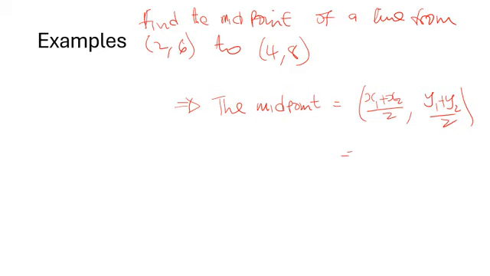So this is x1, so it will be 2 plus 4 over 2, comma, y1, that's 6, plus y2, which is 8, over 2.